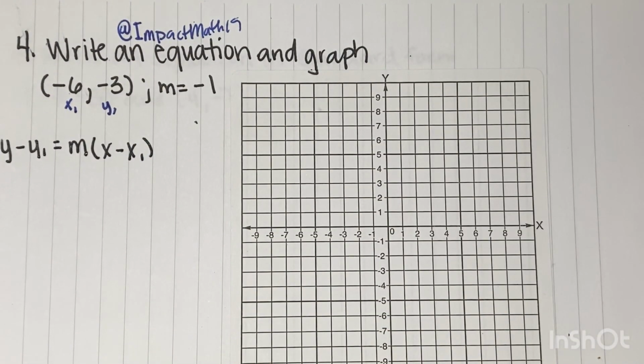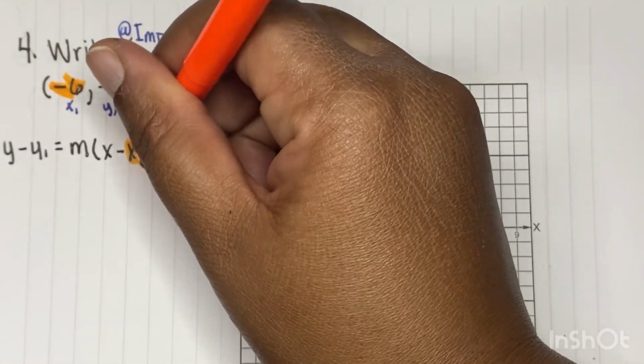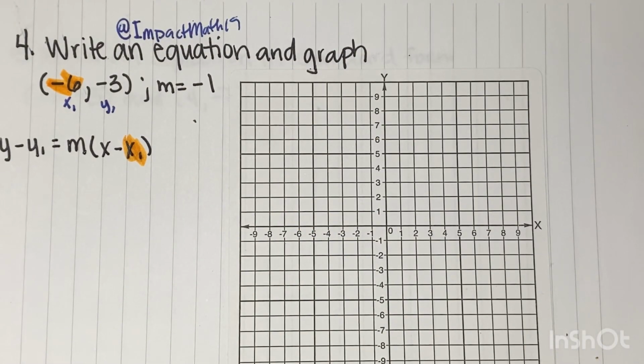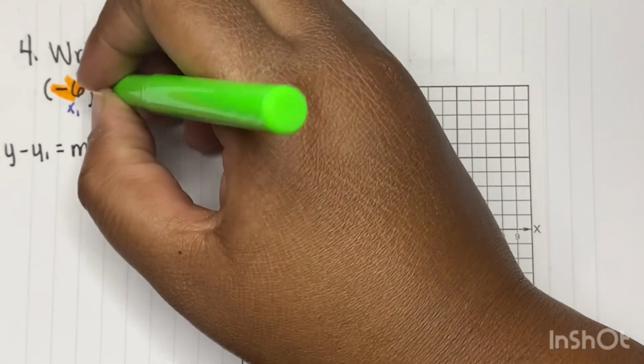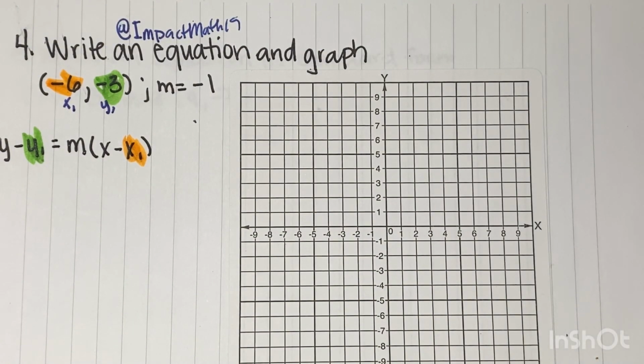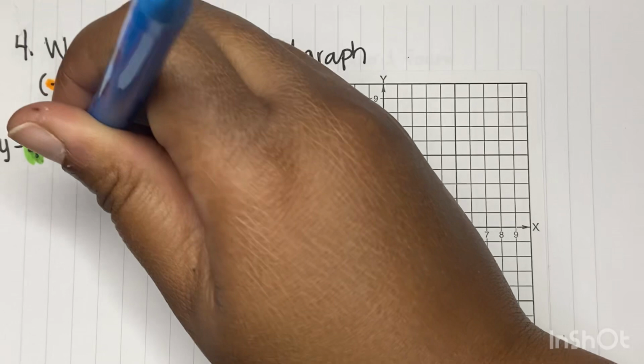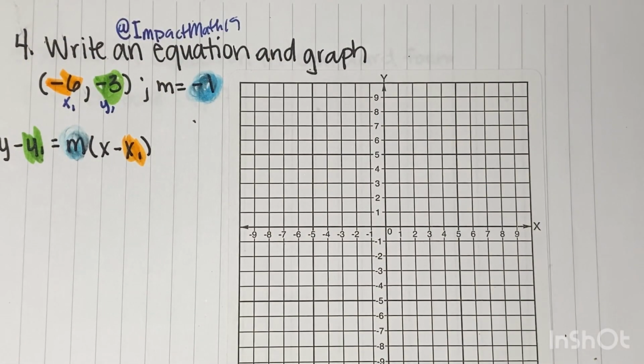And I want to plug in now my X1 into this formula and plug in my y1, -3, in for right here, and my slope, which is -1, right here for m, okay?